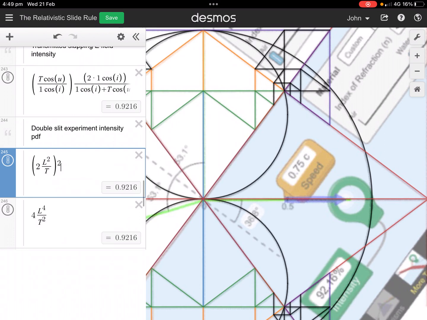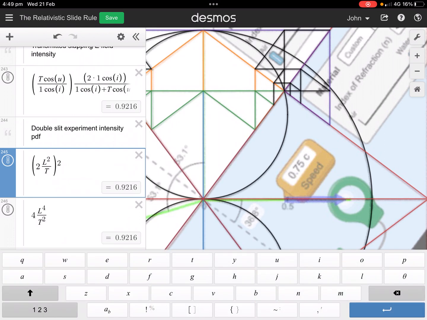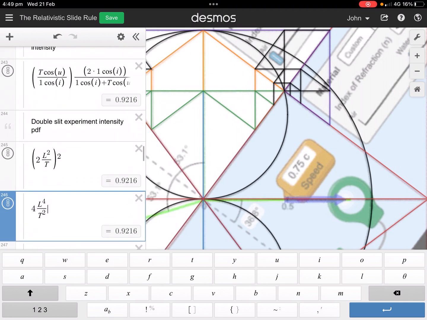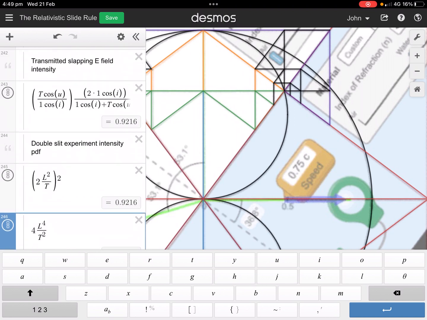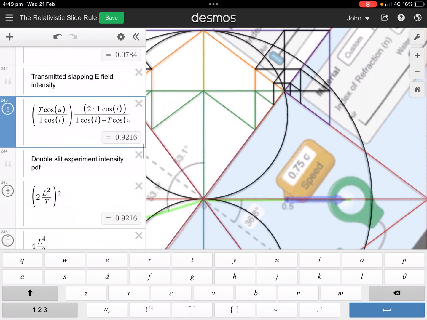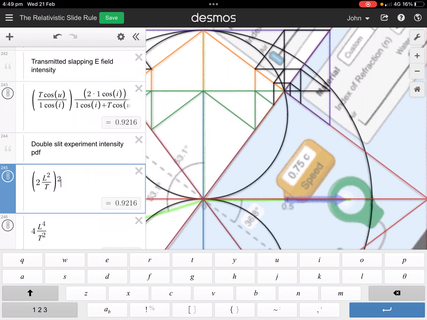Now here's the intensity. As I was saying, it's 2 times that length squared, or 4 times the linear inertia. Take your pick. L squared over T is by dimensional analysis the Weber, which is magnetic flux. And you can see that's the normal way of calculating it, and that's how I calculate it with the slide rule.